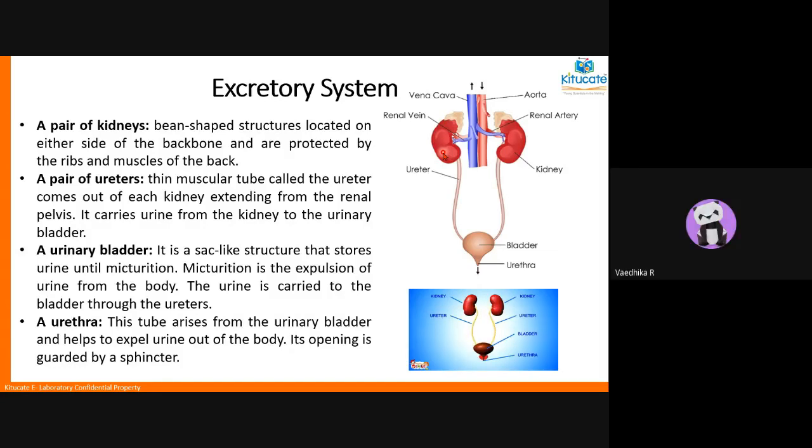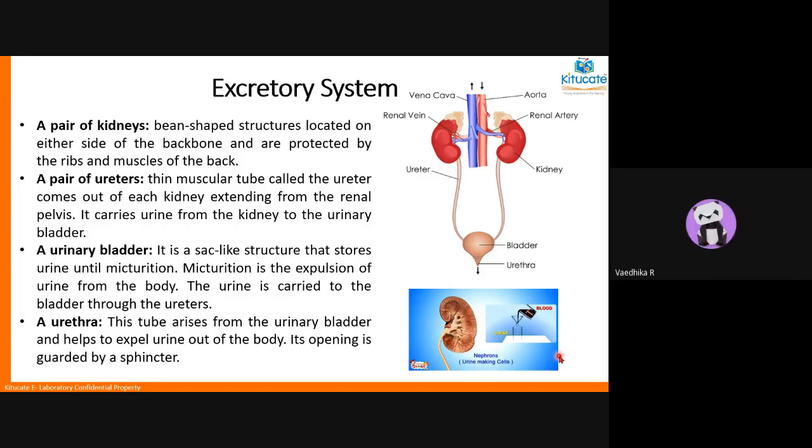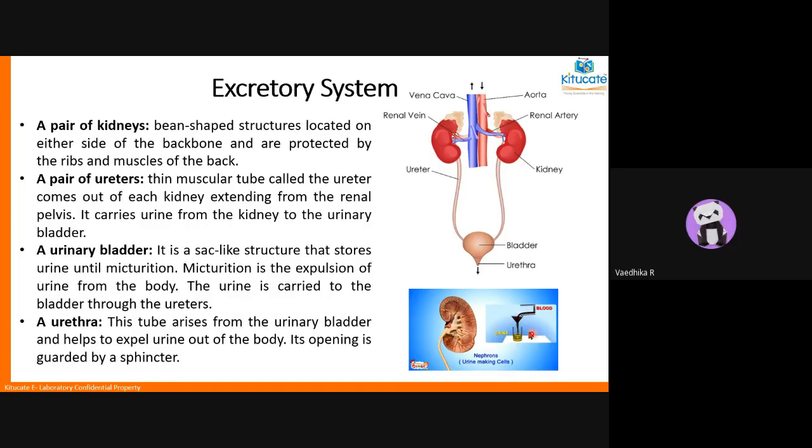These nephrons filter the blood, and they separate the toxins from the blood, impurities like urea and uric acid, and they mix it with water. That water is passed through the ureter, which is a tube. It's stored in the urinary bladder, and it's passed through the urethra. And this liquid is known as urine.